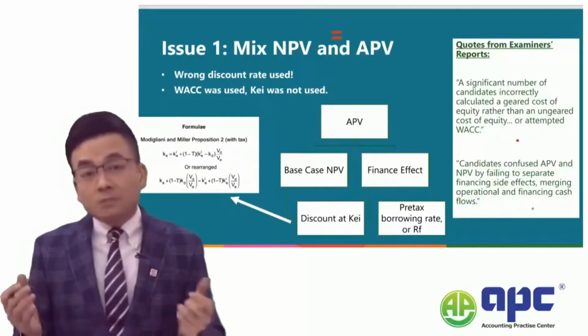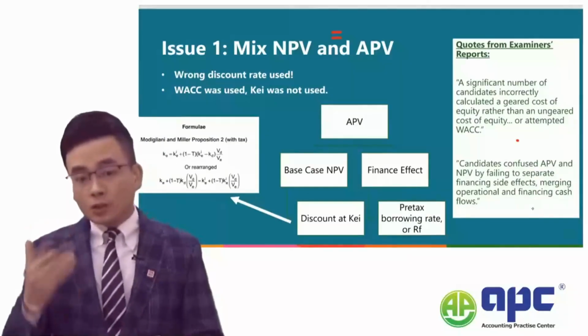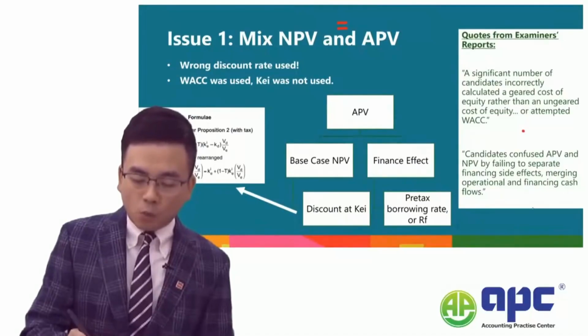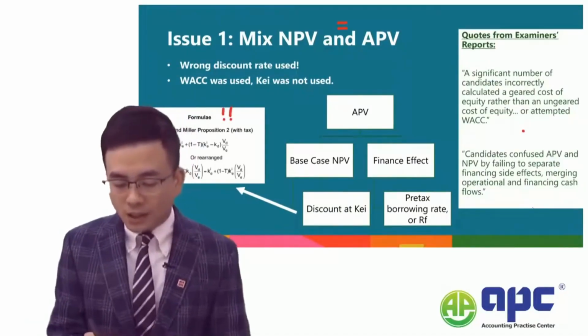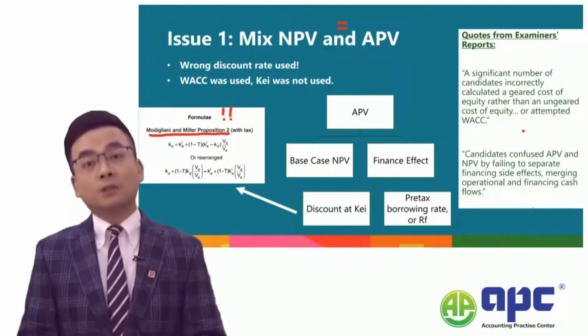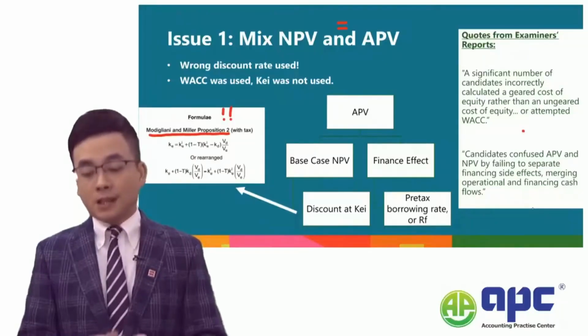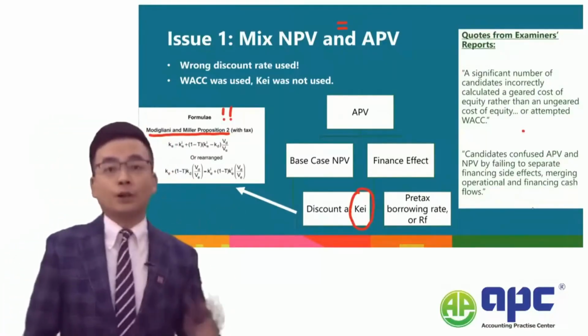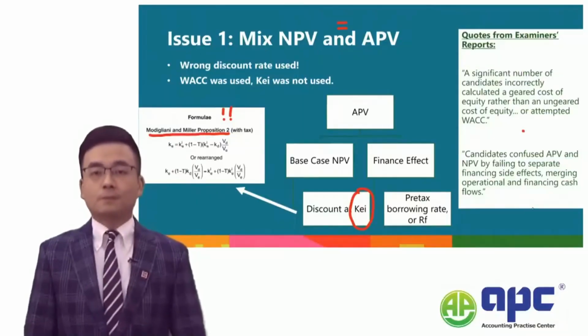So what we need to watch out for is that we always need to think about whether we need to use the Modigliani and Miller proposition number 2 formula given by ACCA to work out the Ke ungeared here to avoid this trap.